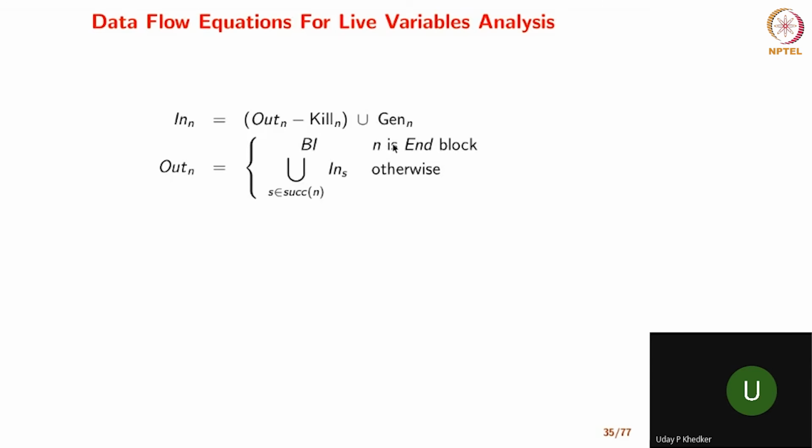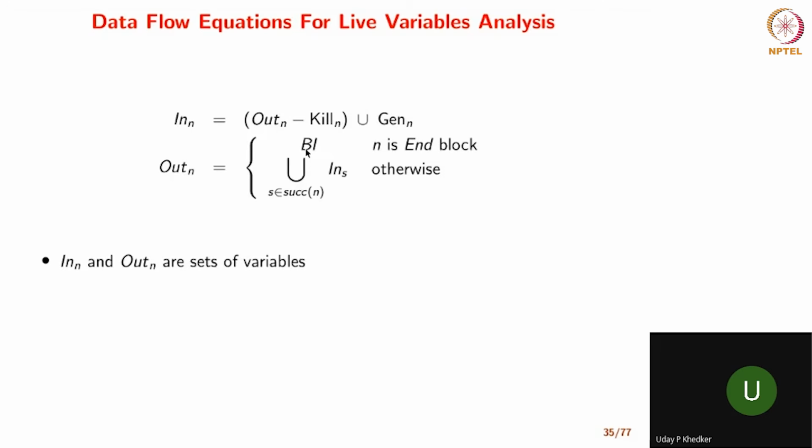Whereas if n is the end block, the end of the program or end of the procedure, then no local variable may be live. If you're talking about global variables, all global variables may be live. We capture this effect in what is called BI. BI stands for boundary information.